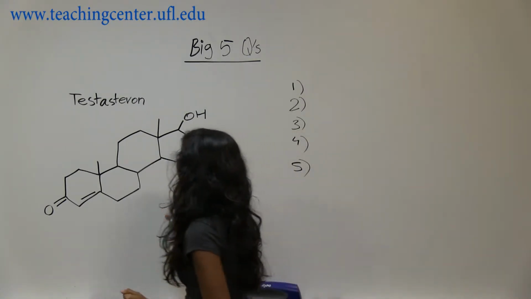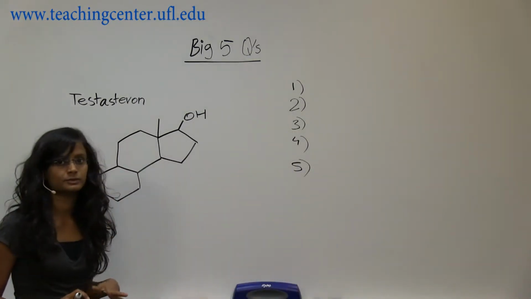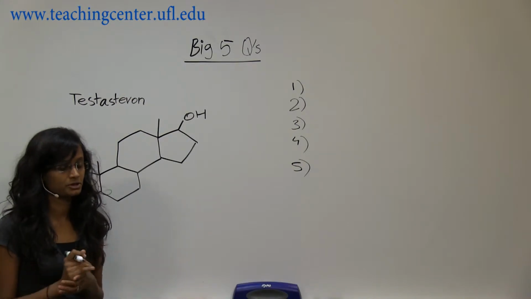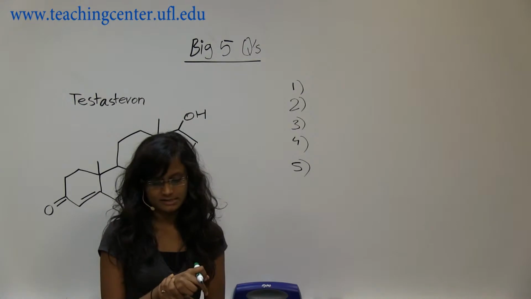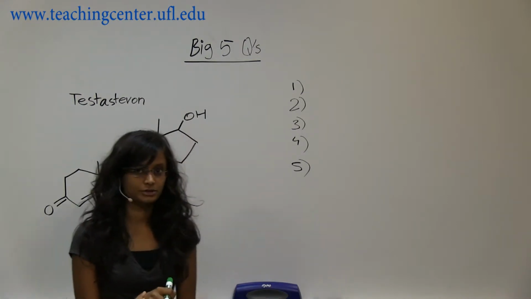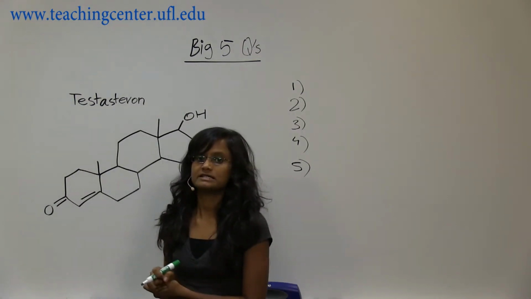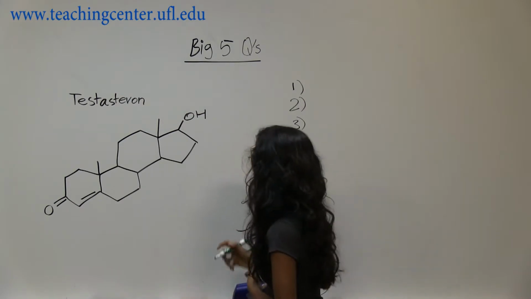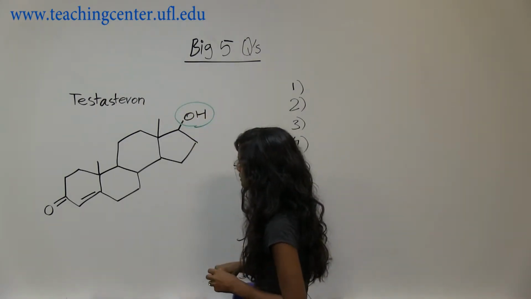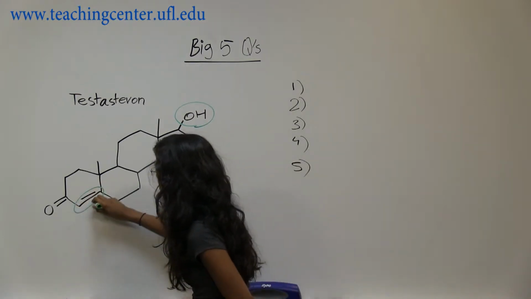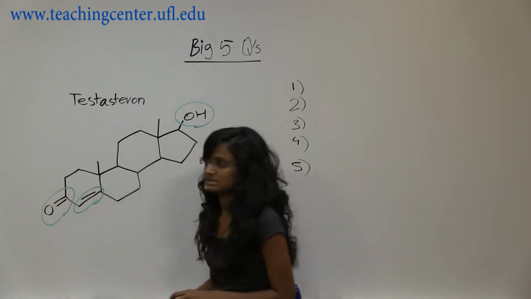Alright, so let's talk about testosterone. That's the first one that's going to be on your list. So the first question is to circle and name all the functional groups. So you need to recognize if you know all of your functional groups or not. You have alcohol, there is alkene, and there's ketone.